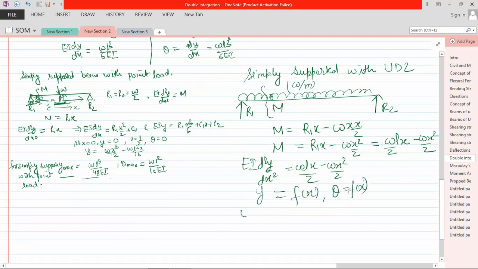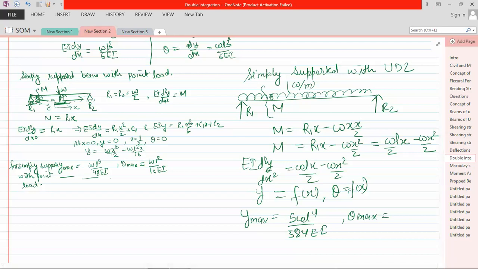And your maximum value will be y max equal to 5 WL to the power 4 by 384 EI, and theta maximum is equal to WL cube by 24 EI.